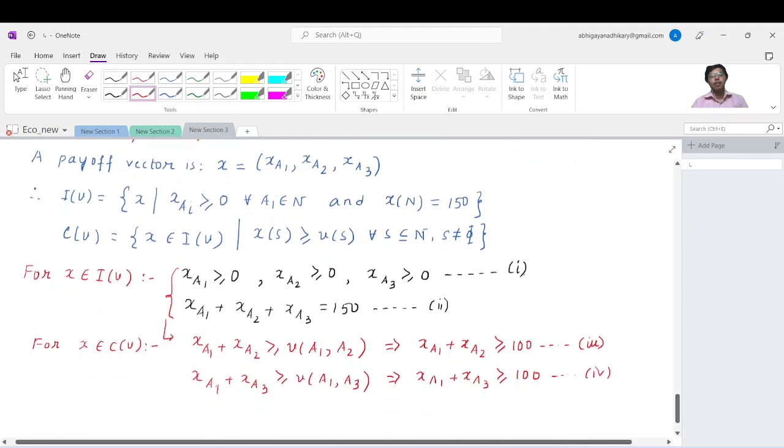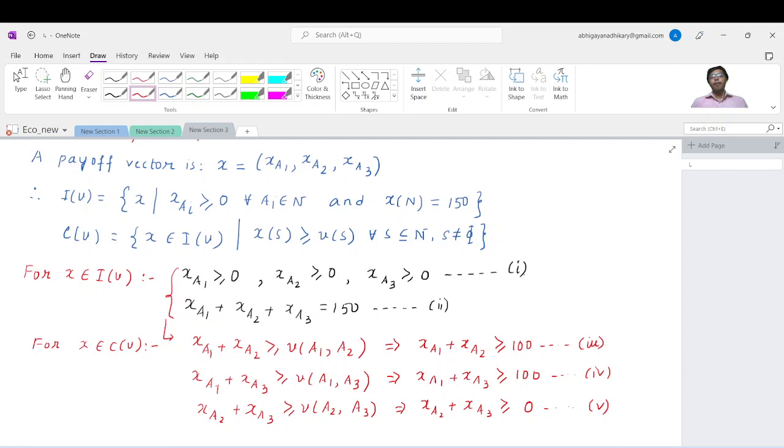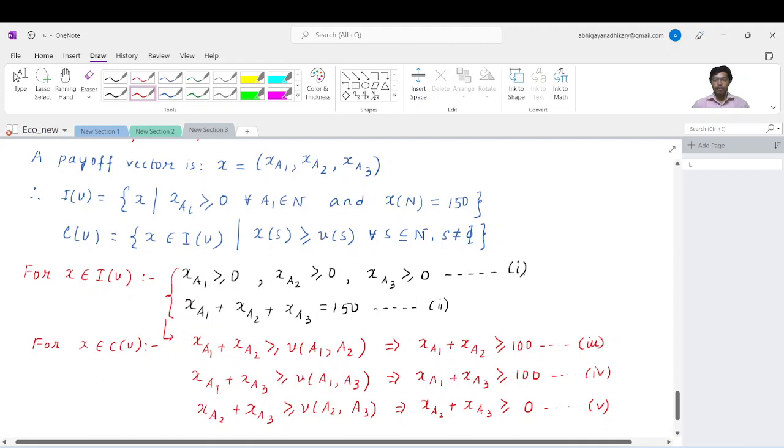And finally, the coalition consisting of a2 and a3: x of a2 plus x of a3 should be greater than or equal to v of a2 a3, which is 0. So what we want to find out is what payoff vector will satisfy all these 5 conditions. How are we going to find that out?